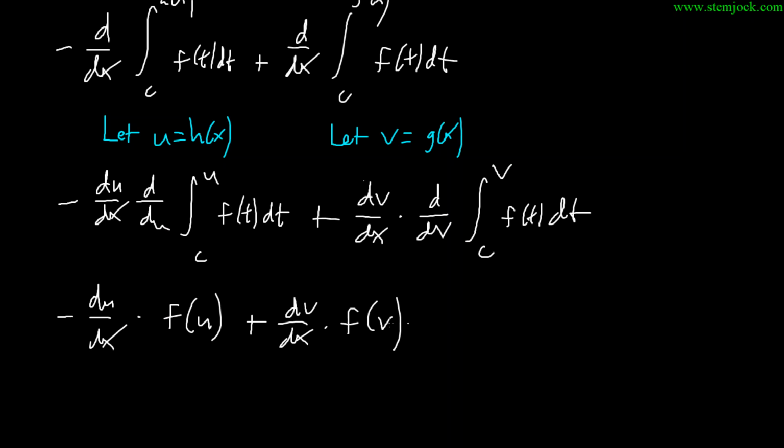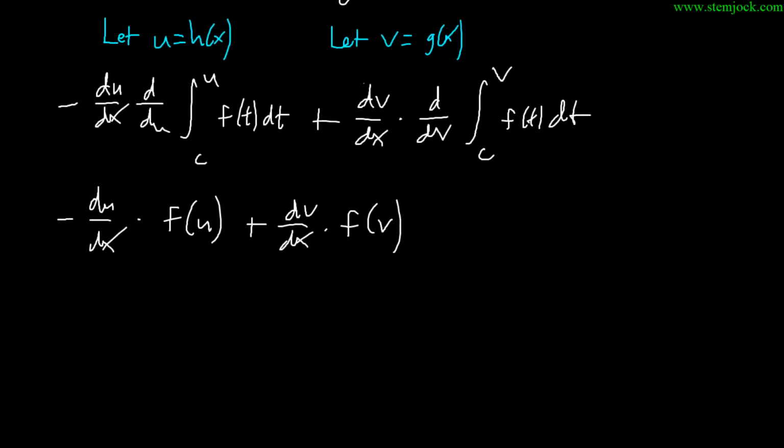And so now that the differentiation is done, I can substitute back the original functions. So negative du dx, that is negative h prime of x times f evaluated at u, that's h of x.